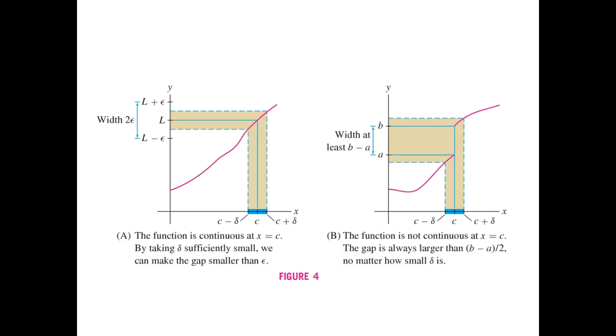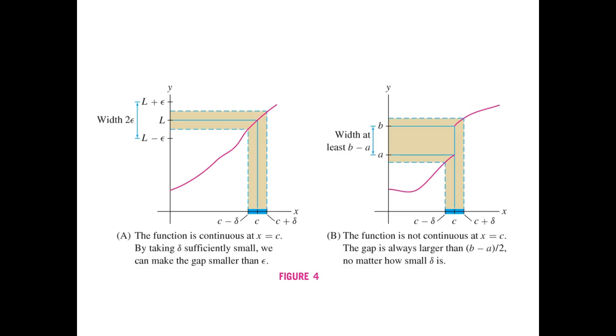No matter how small the gap is, just give me an epsilon inside that gap, you'll never close it. Sure, this will work for this delta, but an epsilon here, you're never going to find anything that will connect those two. If the function is not continuous at x equals c, the gap is always larger than some value, and they just happen to take the midpoint between the two. You can't ever close the gap. Ever. So that won't work for a discontinuous function.